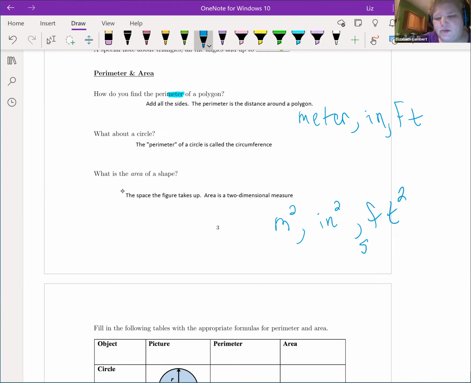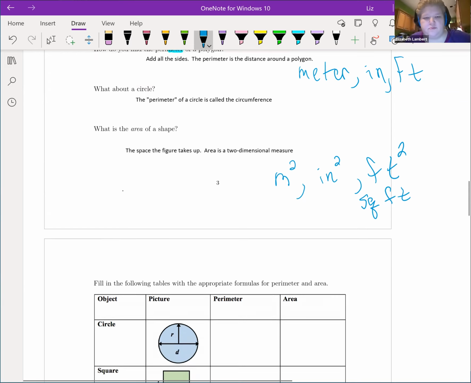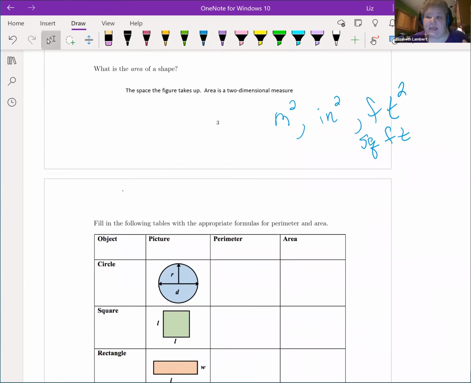And sometimes, in more normal settings, people write SQFT instead of feet squared, which I think is just a holdover from when typing squareds was more difficult, like on a typewriter. But that's the idea.